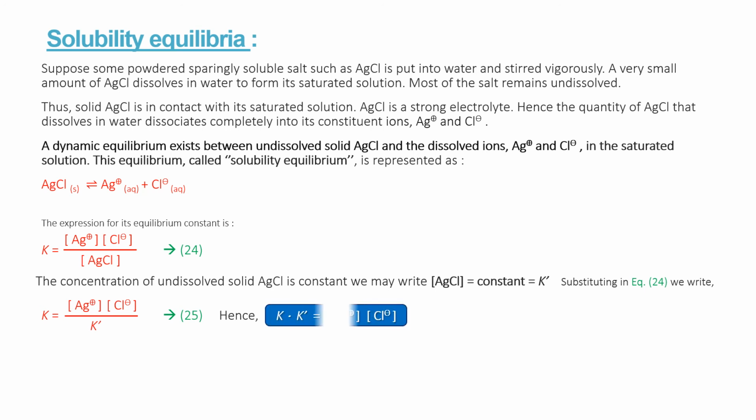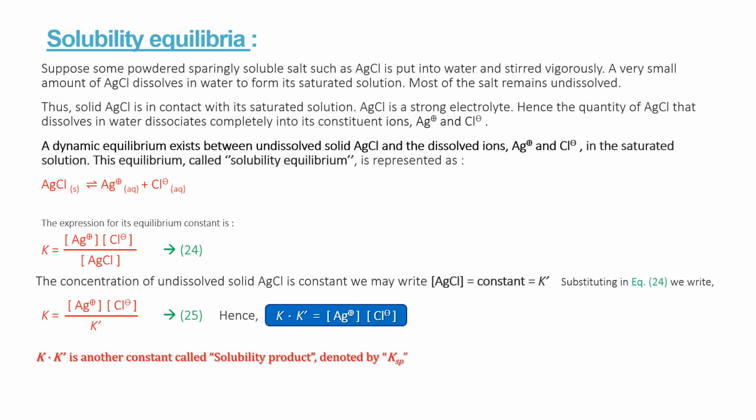Next, you multiply K with K', which is equal to [Ag+][Cl-]. Now K into K' is another constant, which we call the solubility product, and we write it as Ksp.